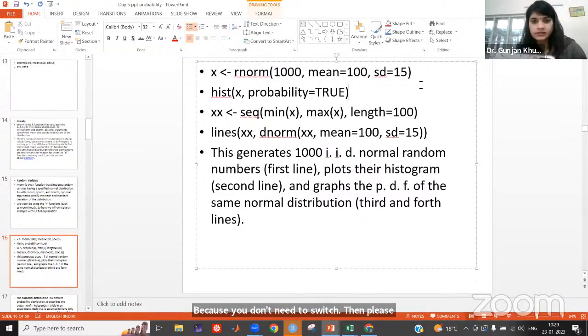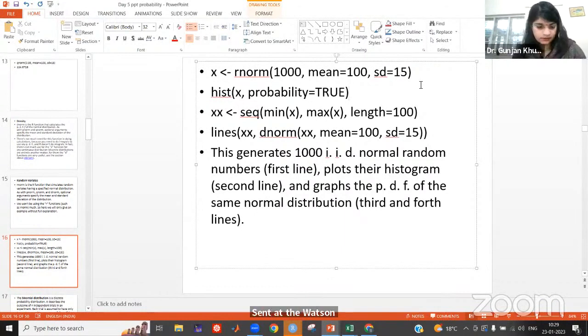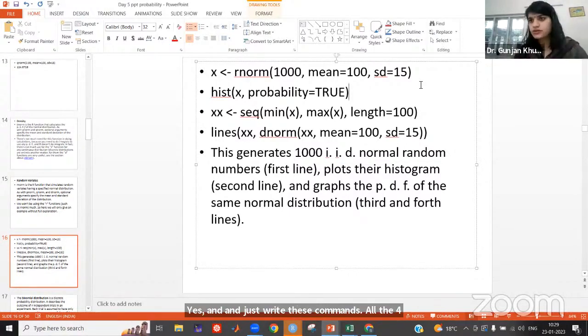Please see WhatsApp and just write these commands, all the 4 commands, and run them later, on selection or by bringing the cursor to the right or left of the line which you want to run. Actually, we can't cut and paste, we need to write, no? Yes, you write it here because it's very little.